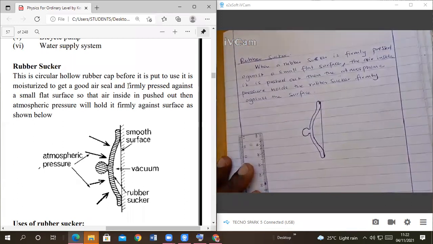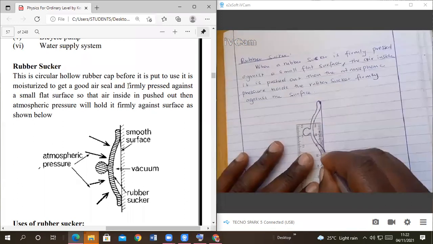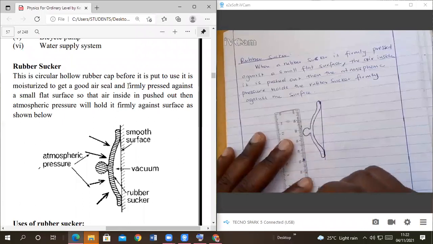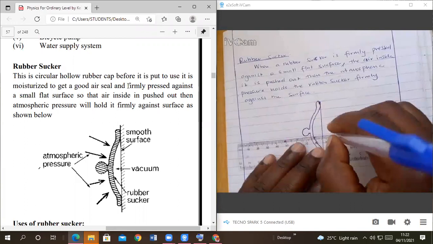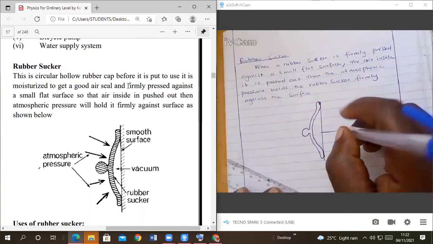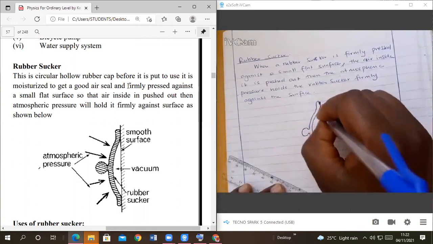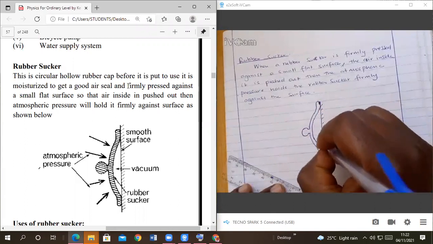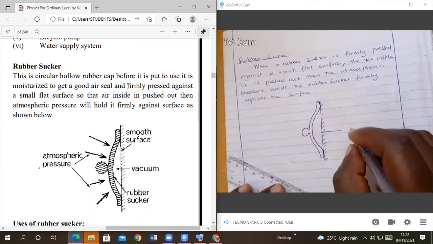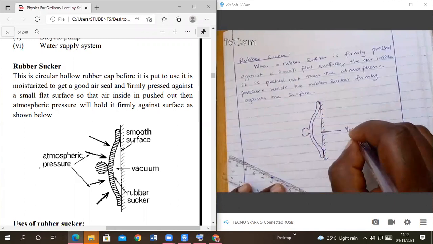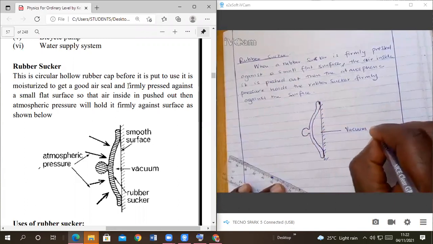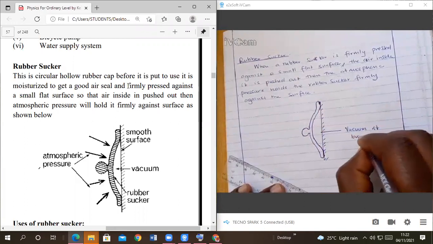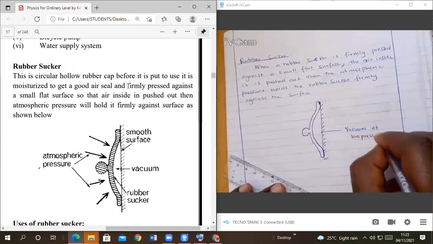So it's like drawing a cover top of a saucepan, and then you put it on a wall. So this is the wall. Inside here we shall have a vacuum, at low pressure.